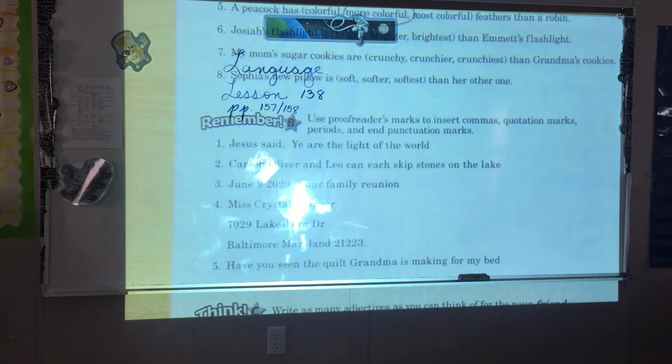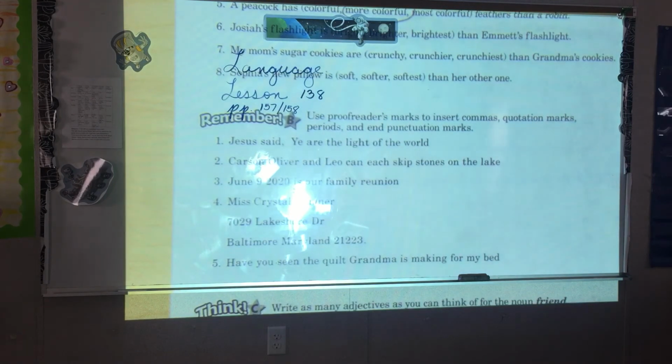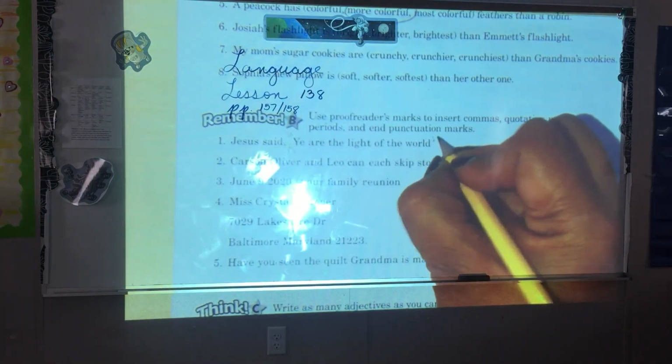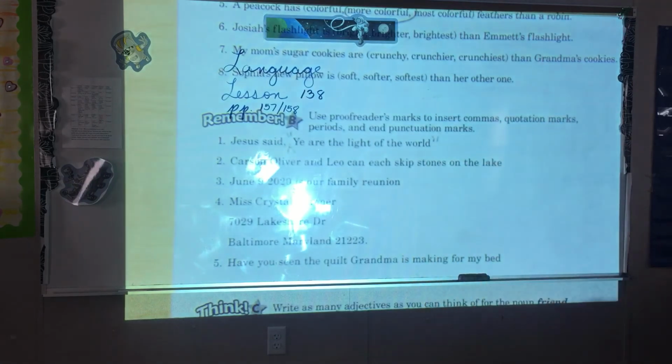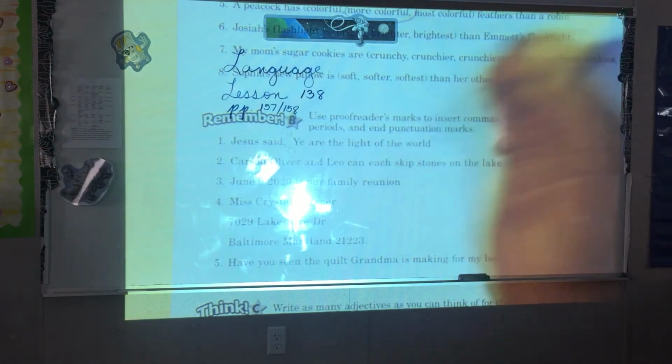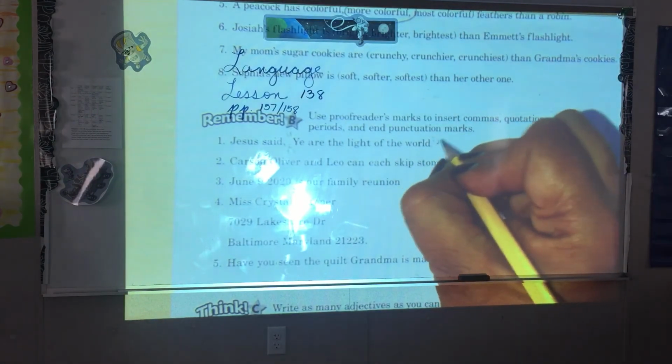Use proofreader marks to insert commas, quotation marks, periods, and punctuation marks. Jesus said, this is a quote, quotation marks, boom. Ye are the light of the world, period. And the period goes inside of the quotation marks.